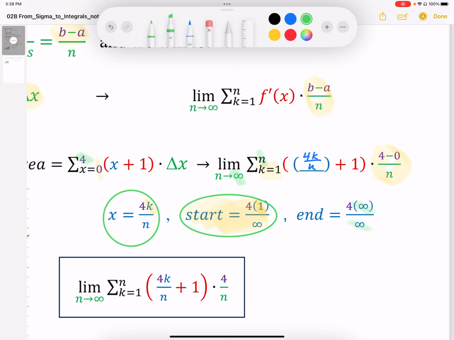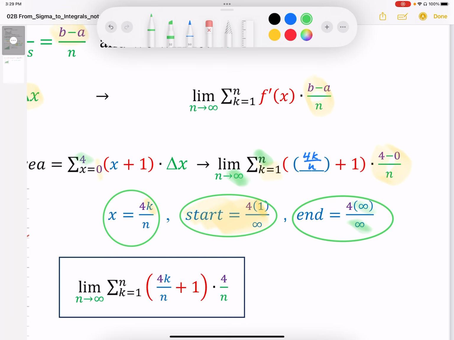When I do 4 times infinity over infinity, that equals 1, and that gives me my end bound, which is equal to 4. So this represents the end coordinate, and this is the correct expression.